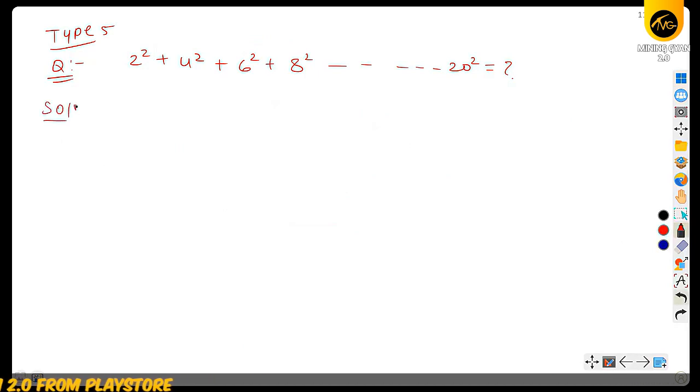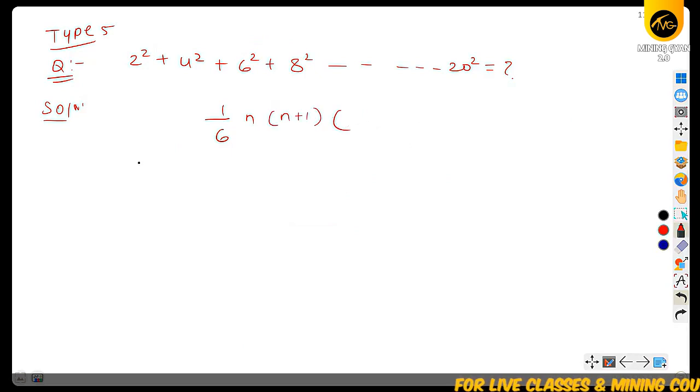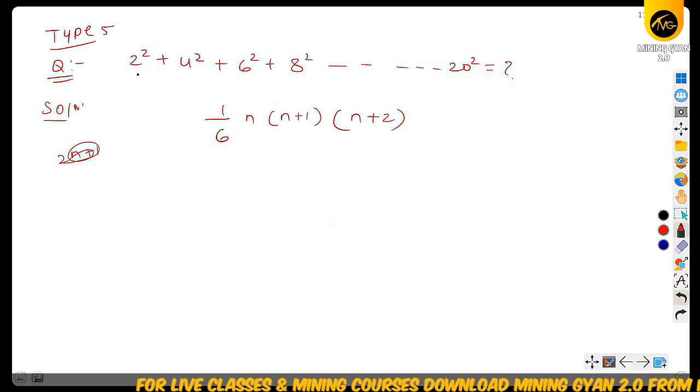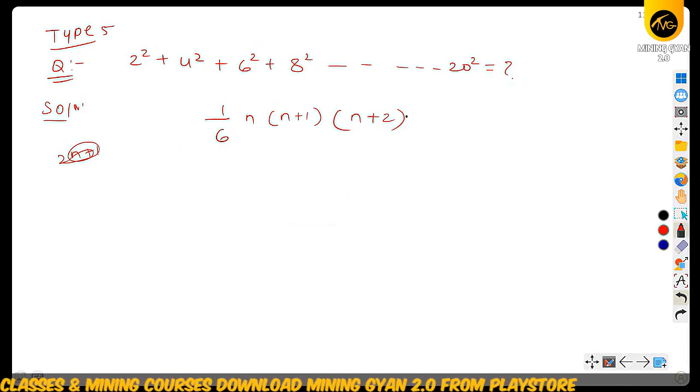of the formula. Suppose 1 divided by 6 into n into n plus 1. Now in the previous formula we used 2n plus 1. In this case we use just n plus 2, because this is the even or odd number formula. That's why just plus 2, because between two even numbers or odd numbers there is a difference of 2.